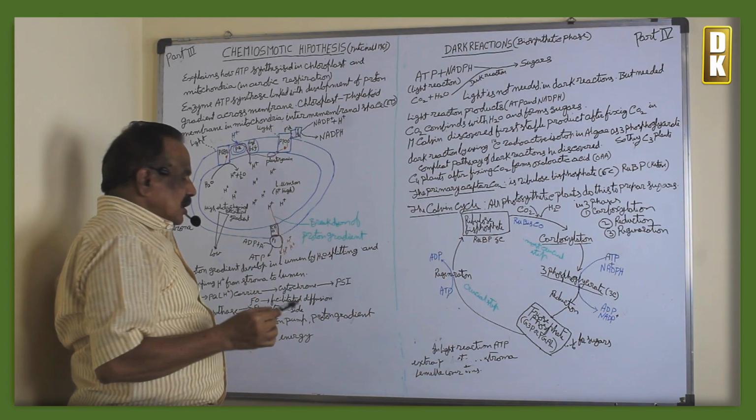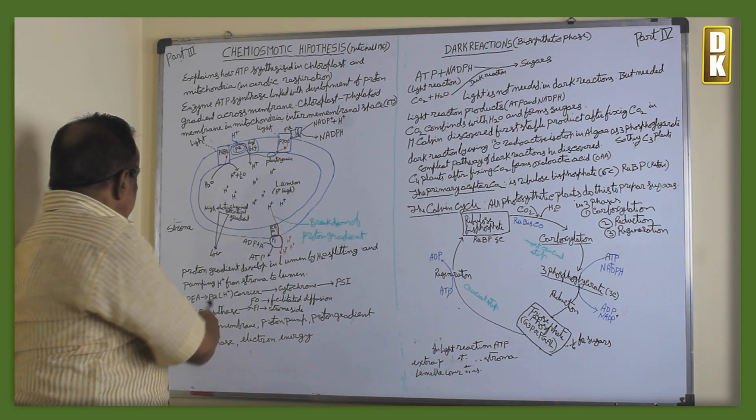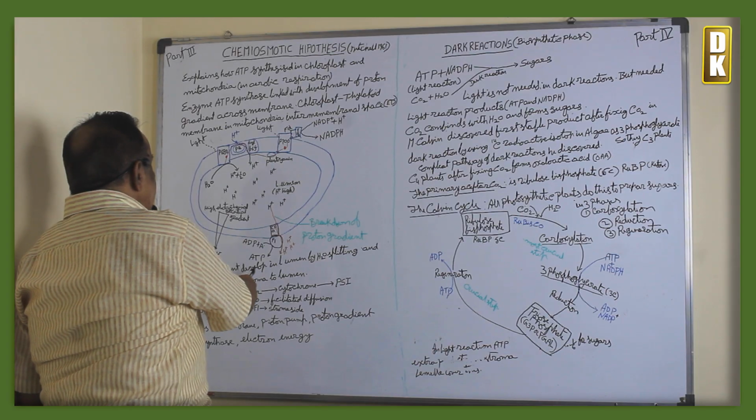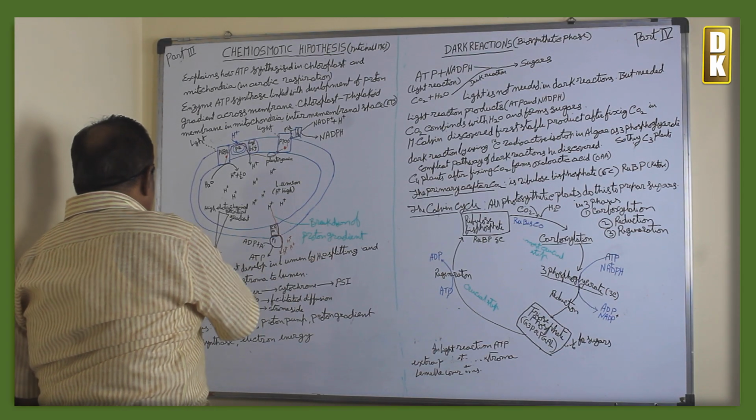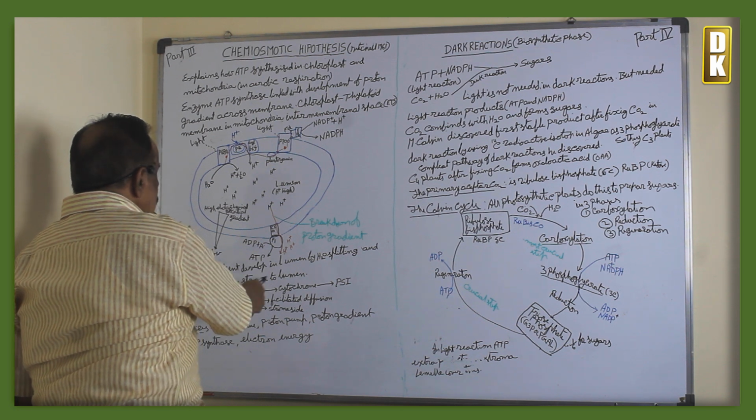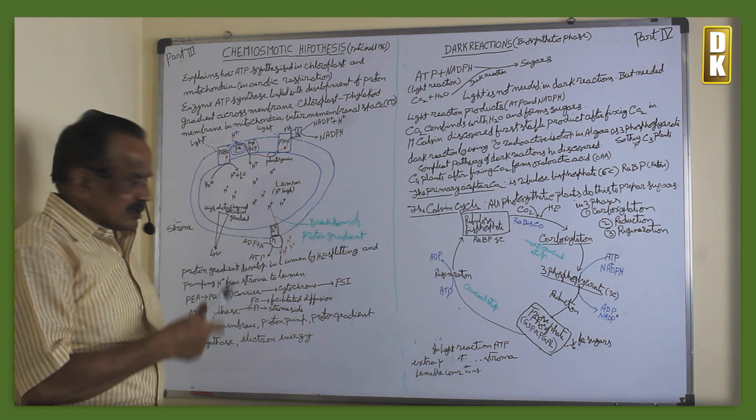These are the questions. Now you see, the proton gradient develops in the lumen by H2O splitting and pumping of protons from the stroma to the lumen, already discussed.